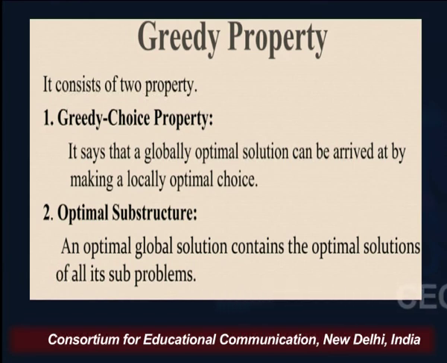So your greedy choice has two properties within itself: one is the optimal substructure, another one is the greedy choice property. The greedy choice property says whatever best is available right now, just pick it up, and then we will be able to construct a globally optimal solution.